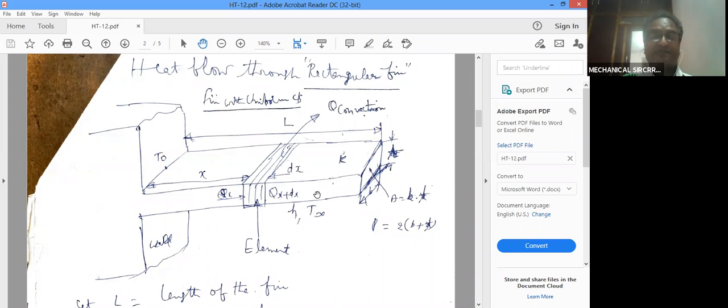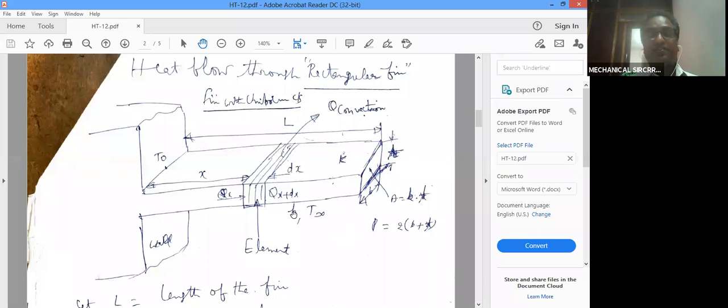Besides conduction, heat is convected out from this small element. Q convection is the heat convected out from the small element of thickness dx, which we are considering at a distance x from the base, to the outside environment air.